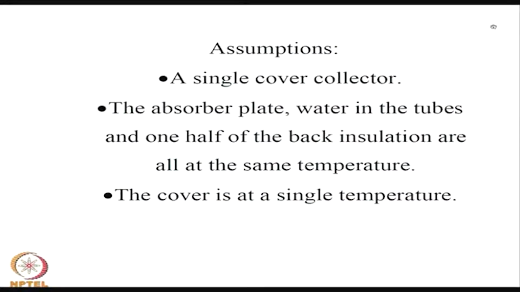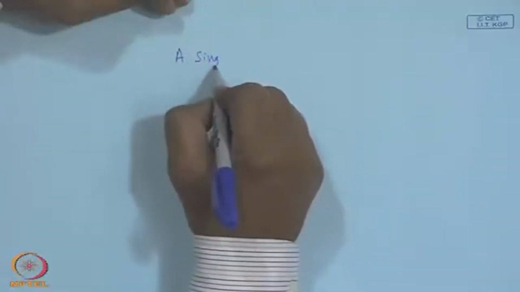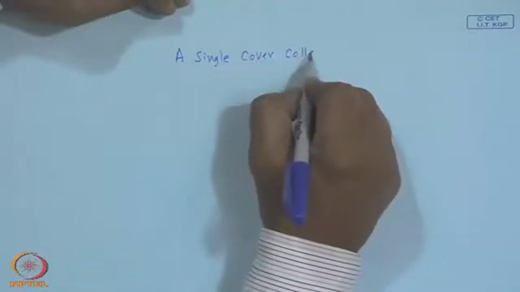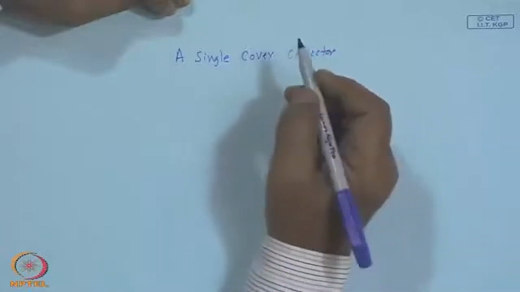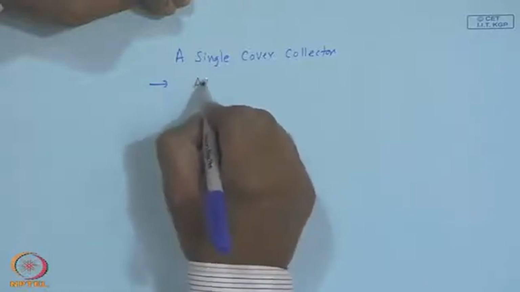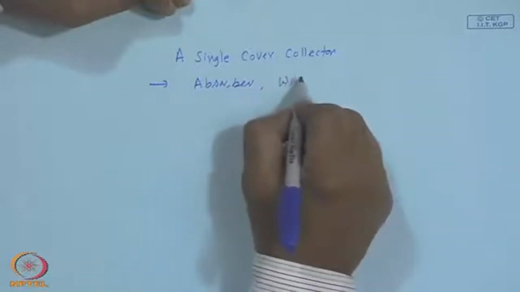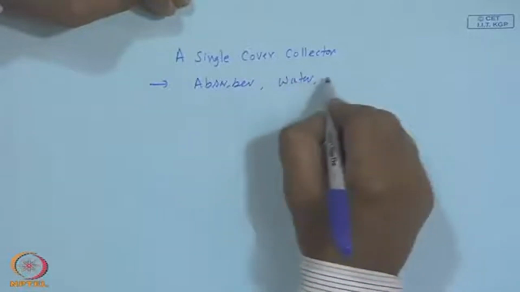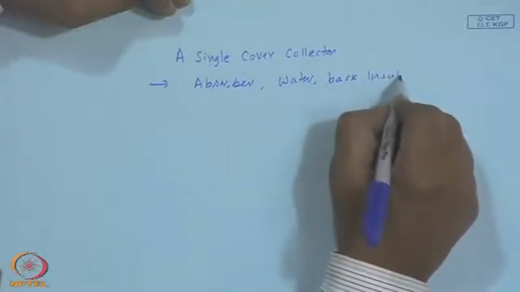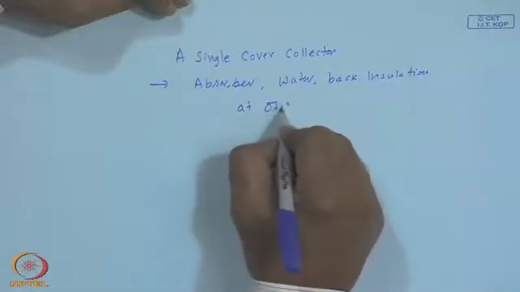So, we assume a single cover collector, then we lump the absorber, water in the tubes, and half of the back insulation to be at one temperature.